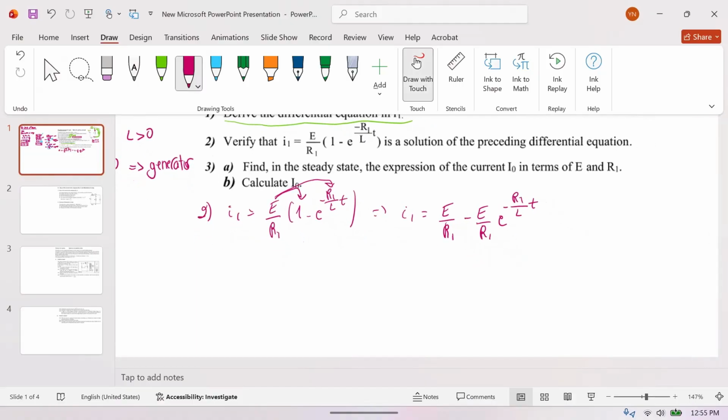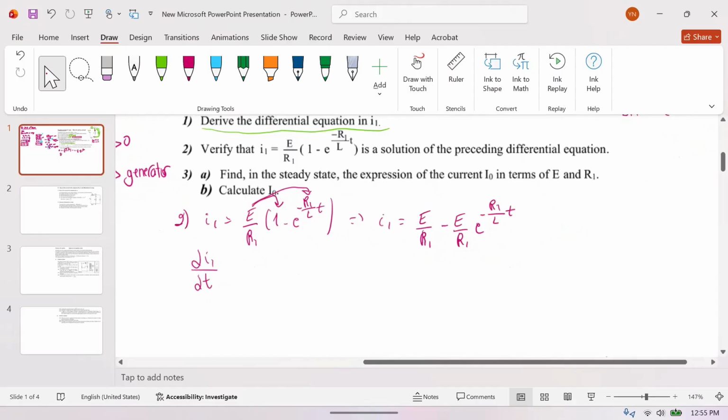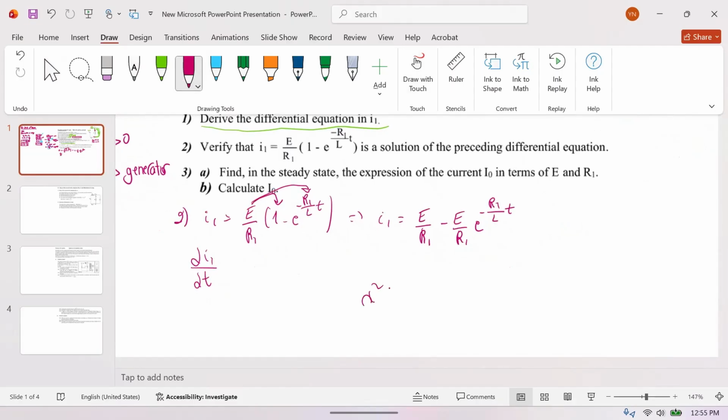The second step, you have to find the derivative. Now, you're asking why? Let's say you have a quadratic equation, and I tell you, prove that x equals 2 is a solution of this equation. What do you do? You replace x by 2.